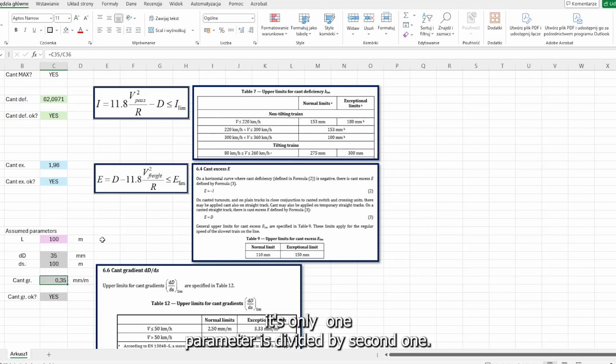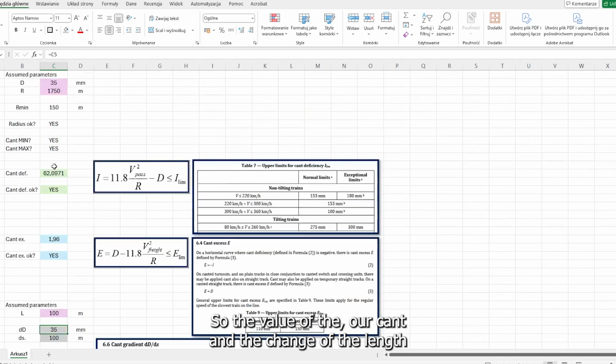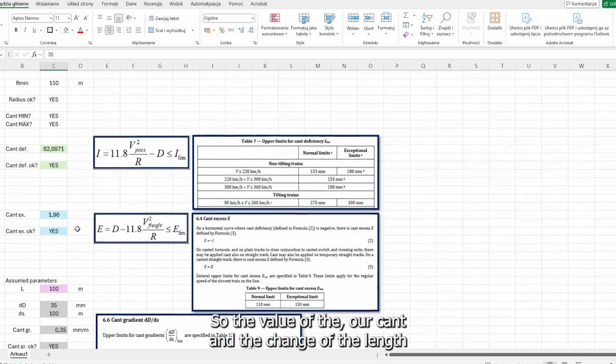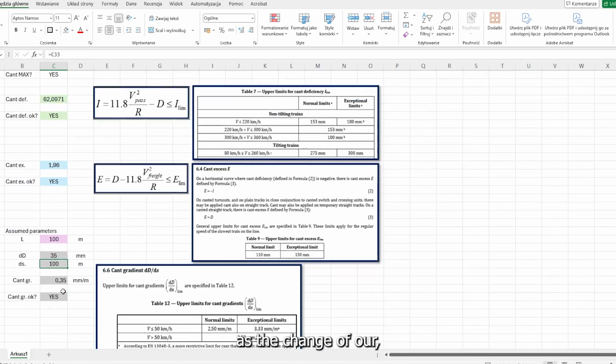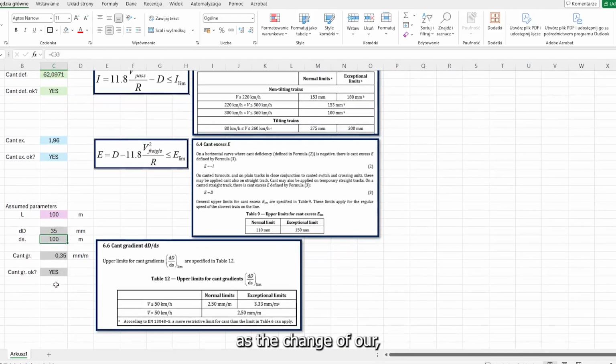Only one parameter is divided by the second one. The change of the cant is, in our case, the value of our cant, and the change of the length is the length of our transition curve, only the value of this parameter.